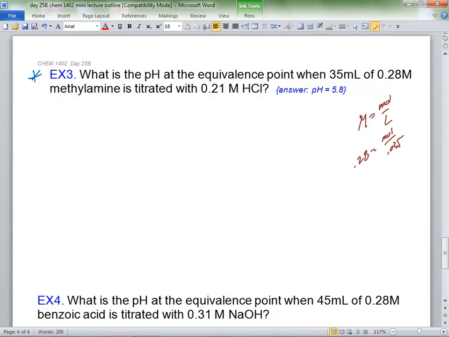And how we've been doing that is we look at it and see if the solution is going to be acidic, basic, or neutral. Identify what that conjugate acid or conjugate base is that you're forming. And that's what you calculate the concentration of. It'll either be a conjugate acid or a conjugate base every single time.